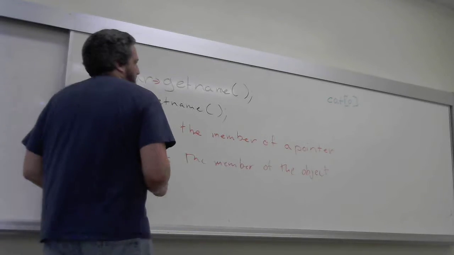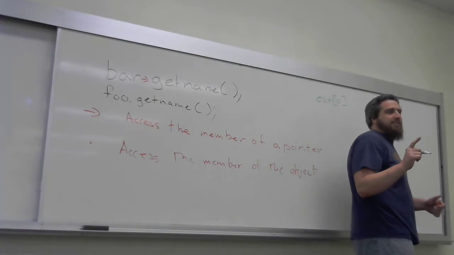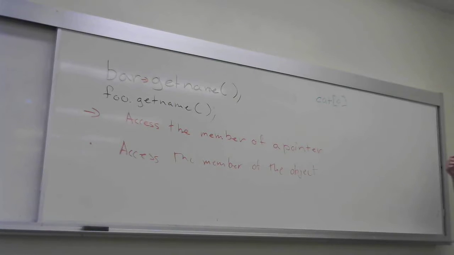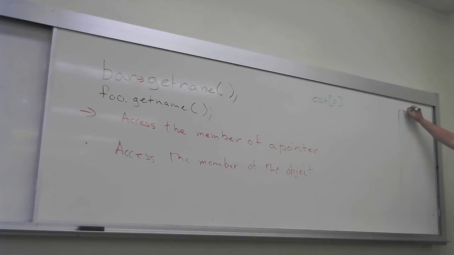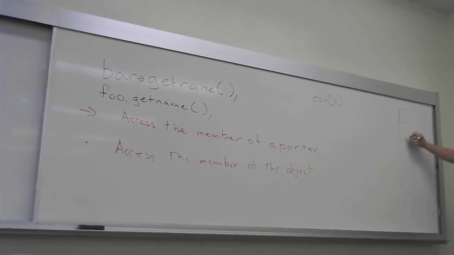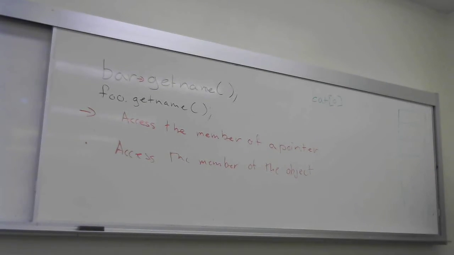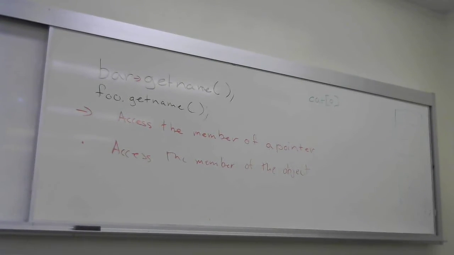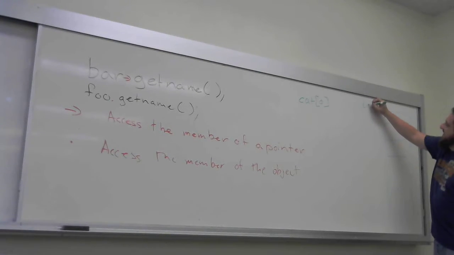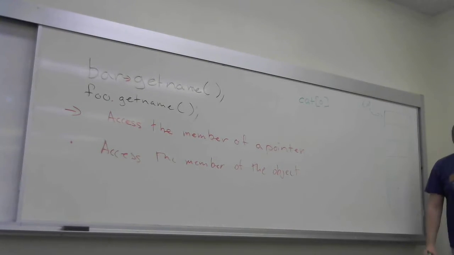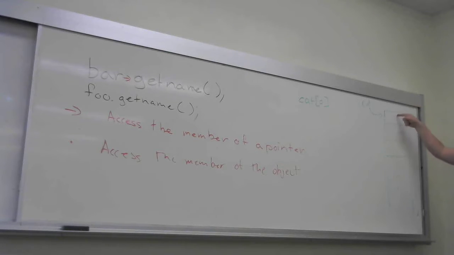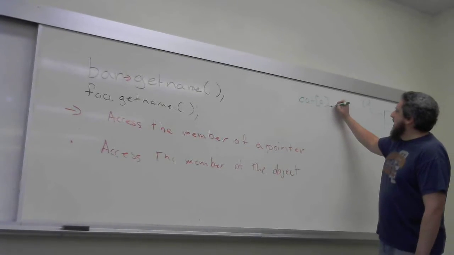It is the first element, not a pointer to the first. Cat is a pointer to the beginning of the array. When I say cat of 0, I am saying the first element of cat. What is this thing right here? It's an object, so I use the dot operator.